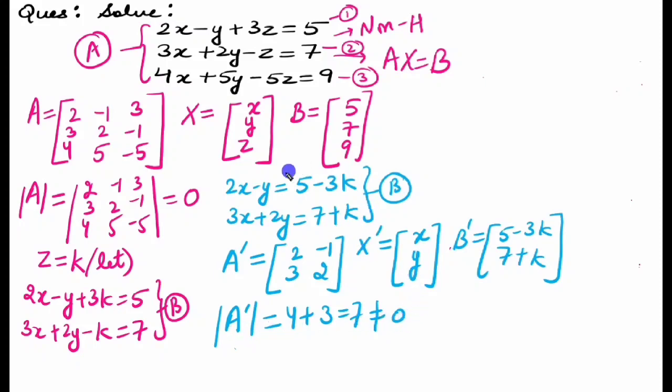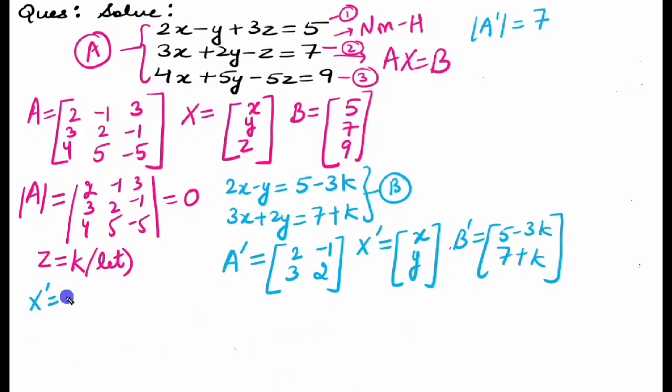This means that the system B is having a unique solution, and that unique solution X dash would be given by the inverse of A dash into B dash. बेसिकली यहाँ पर जो सिस्टम B है उसके लिए डिटर्मिनेंट की वैल्यू हमें 7 मिली है, and A dash, X dash and B dash की वैल्यू हमें पता है. We just need to find out the inverse of A dash.